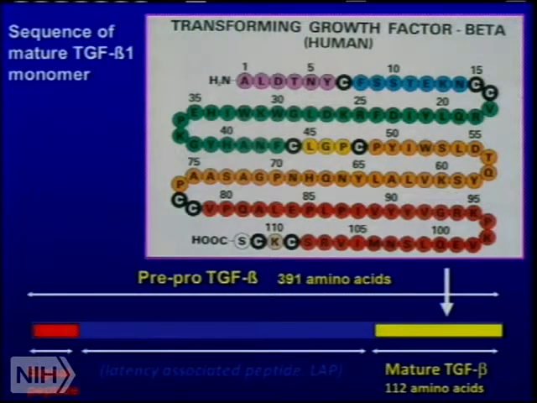existed initially as a pre-pro TGF-beta form of 391 amino acids containing a signal peptide shown in red at the left-hand side of the slide, with a latency-associated peptide or LAP shown in blue in the middle portion of the molecule, and the mature TGF-beta polypeptide consisting of 112 amino acids at the carboxy terminus.